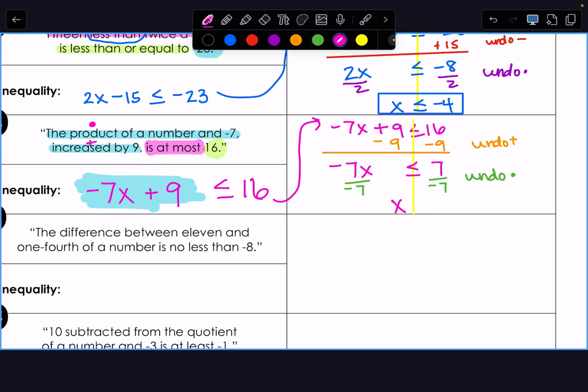What happens? Flip the sign. I want you to think about it. Since we divided by a negative, our sign flipped. And now 7 divided by negative 7 is negative 1.